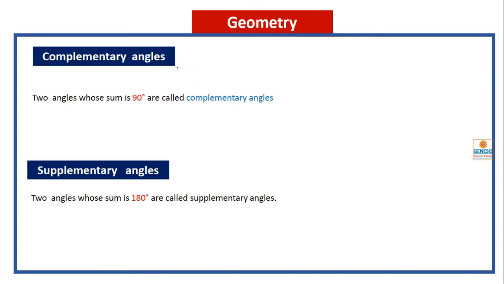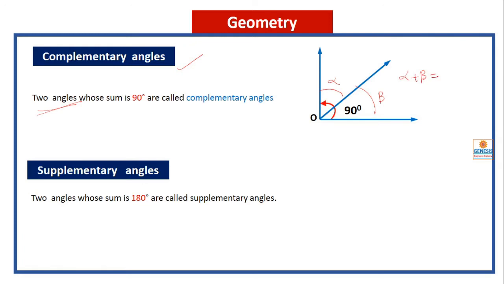The other set of angles we can further classify are complementary angles. If the sum of two angles is 90, we call them complementary angles. We use only two. Suppose this angle is alpha and this angle is beta. Alpha plus beta is equal to 90.